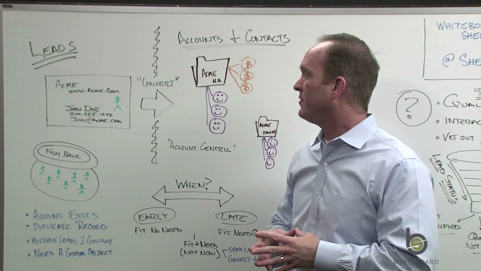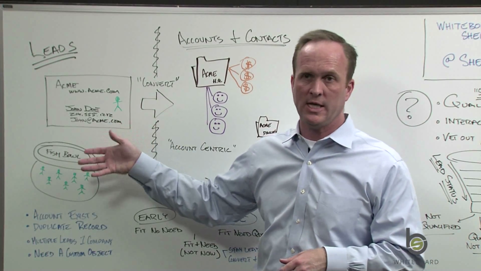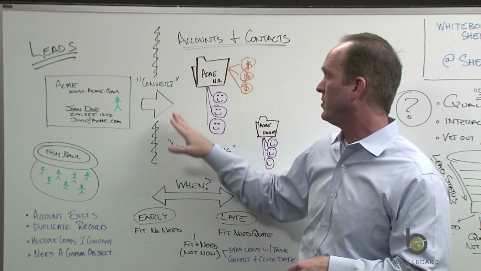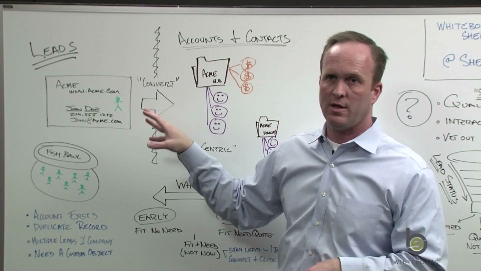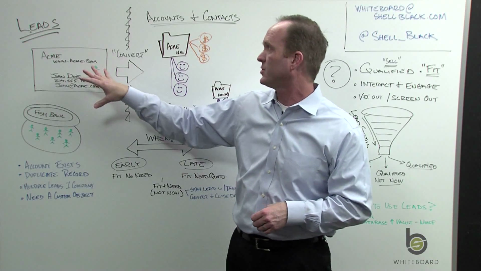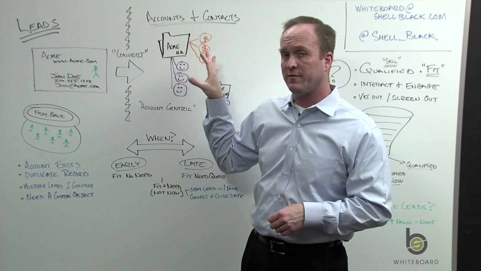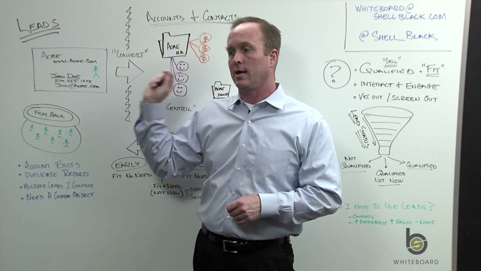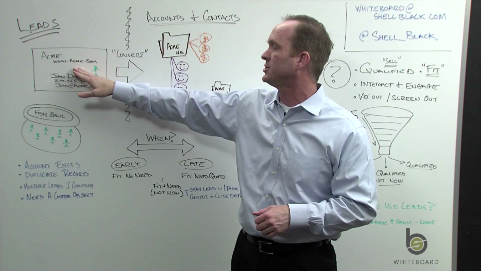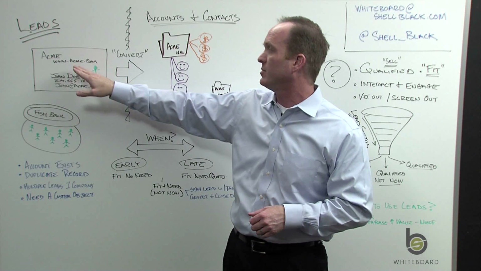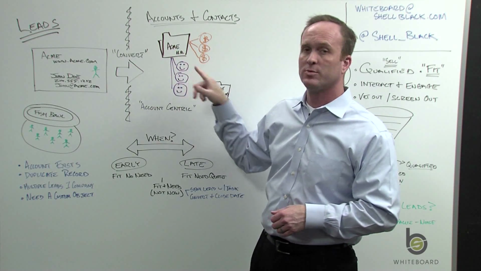So one thing that you'll find out is that you can move a lead into an account and contact through this process called conversion, using the convert button. And that will change the data model of this record when it comes across the fence, almost like a caterpillar metamorphosizing into a butterfly. It will change the account structure when you convert from a single record into multiple records.